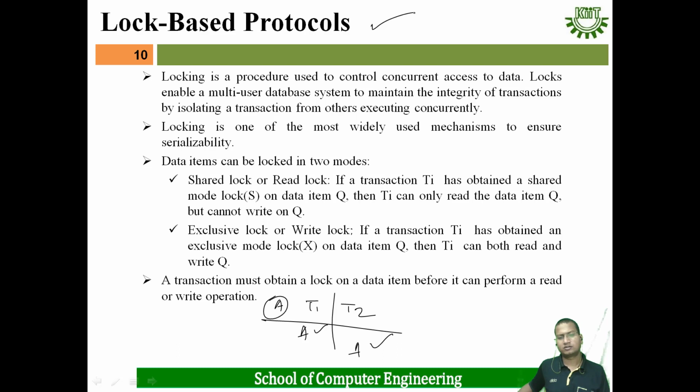Then such problems arise, and they can be avoided if we access the data items in a mutually exclusive manner. That means if transaction T1 is accessing some data items, then at that moment T2 should not access those data items. If we apply that concept, then we may avoid the concurrency problems.